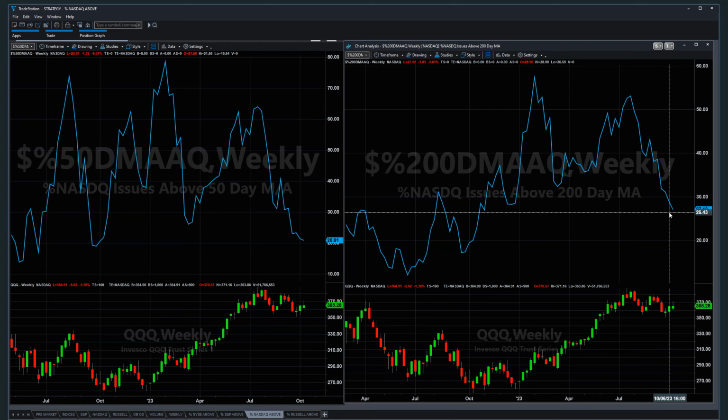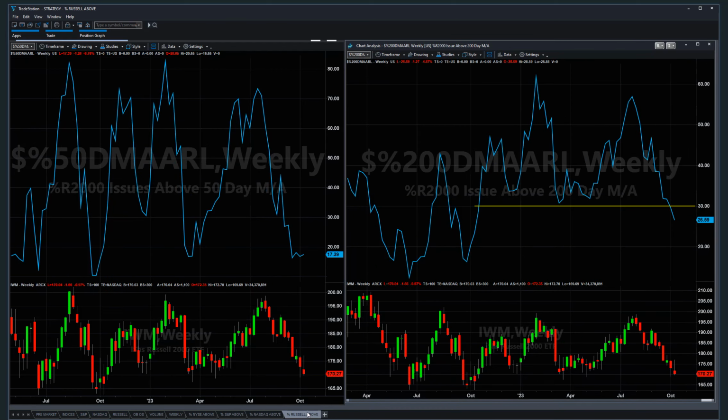That gives you a pretty good indication that the majority of stocks in the NASDAQ are potentially trading lower, and that it's holding up in terms of price better, mainly because of some of the higher weighted stocks within that index. And then the Russell, you can see the Russell only 17% above its 50-day moving average, and only 26% above its 200-day moving average.